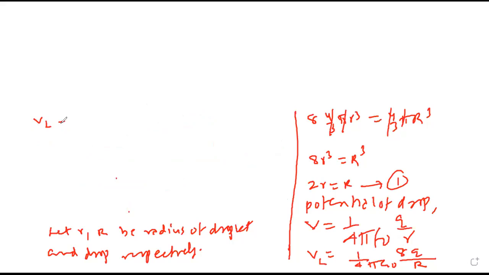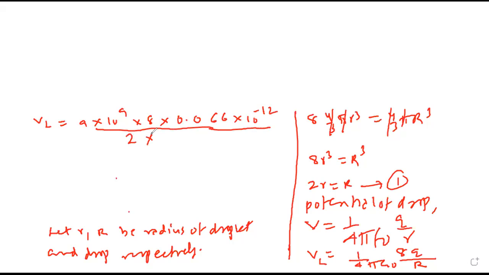So V of bigger drop is 9 into 10 raised to 9, 8 into charge, how many pico? 0.066. 0.066 pico, so 10 raised to minus 12 in coulomb. And radius is 2 times small r, 1 millimeter, 10 raised to minus 3, 2 into 4.